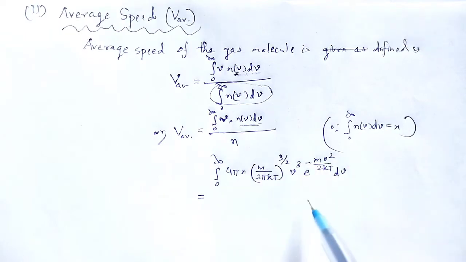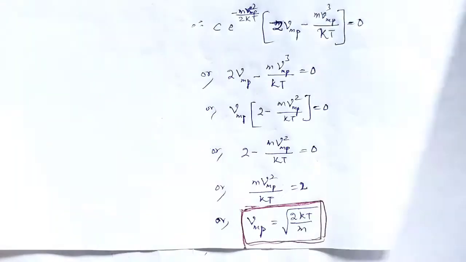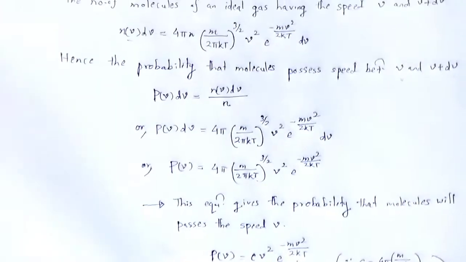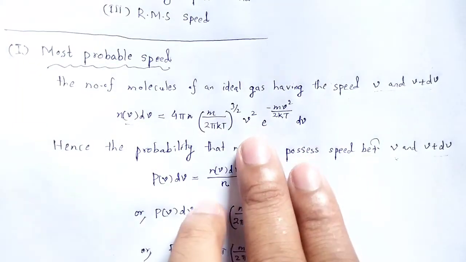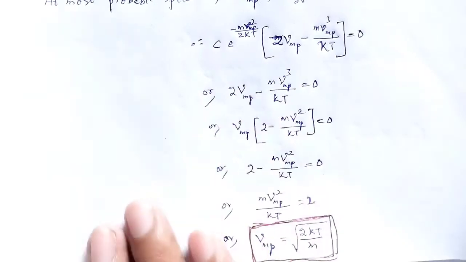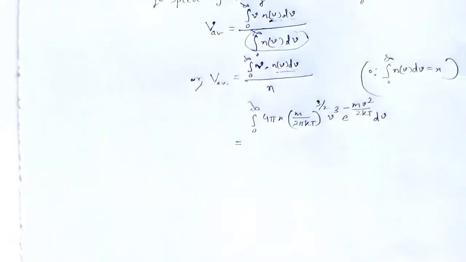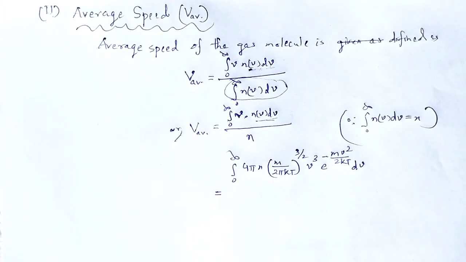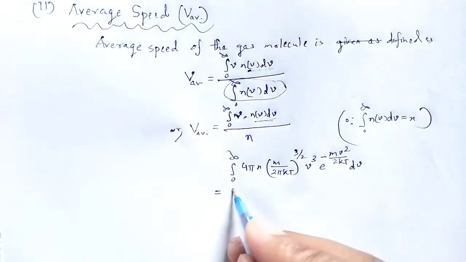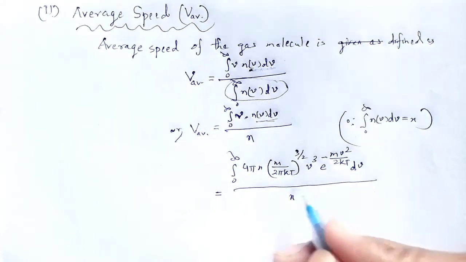Here v squared when multiplied by v gives v cubed, divided by N.